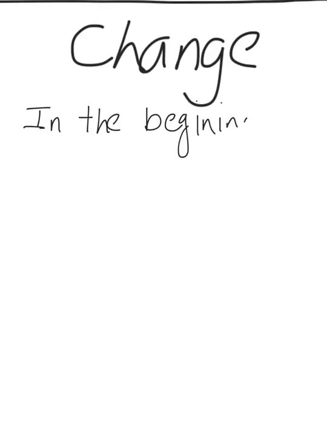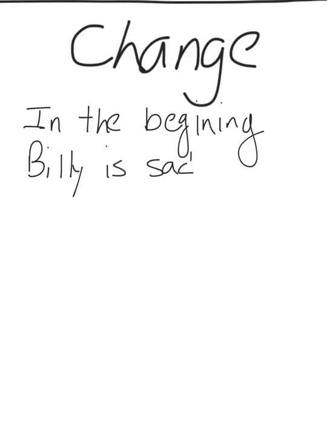Okay, here we are at the end, and we're looking at how does Billy change from the beginning of the story. Well, I'm going to say, and you notice I am using the sentence frame that we use for the reading response, in the beginning, Billy is sad. Mainly Billy's sad because he can't get to the moon and he really wants to go there.